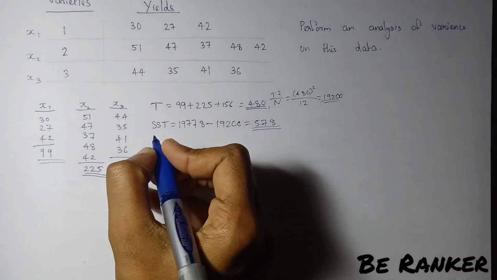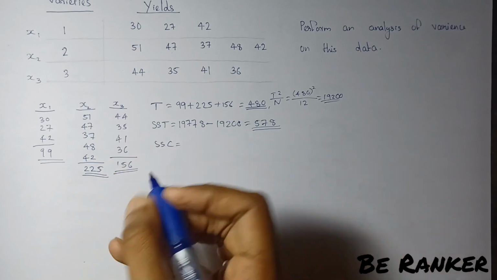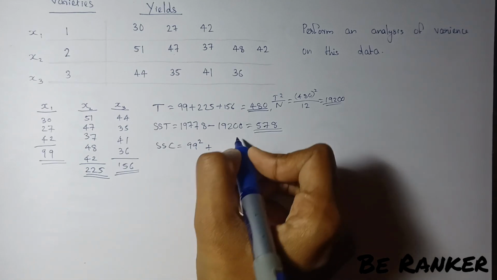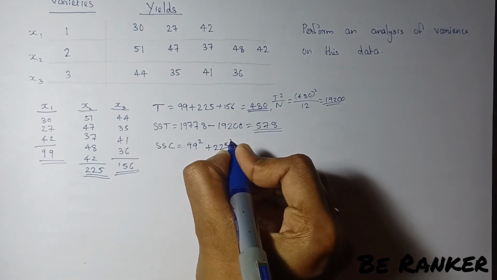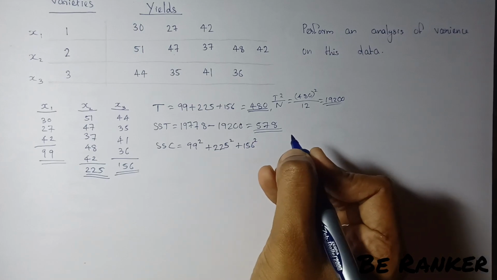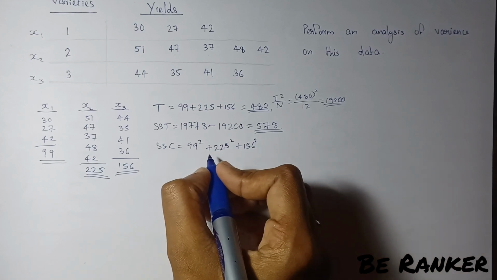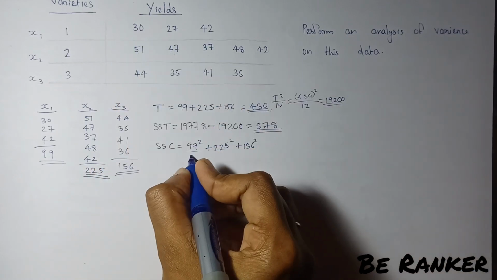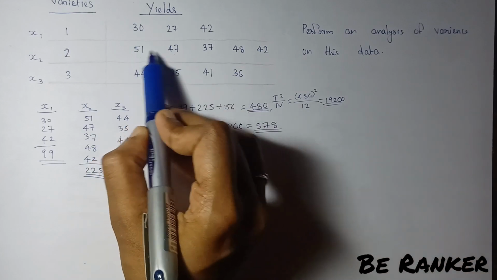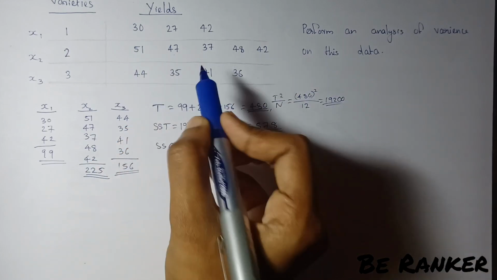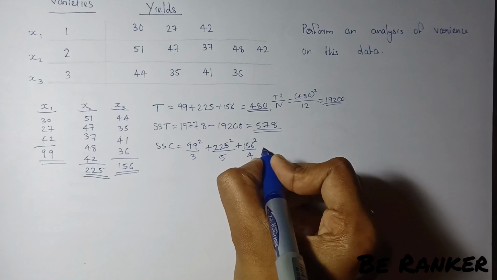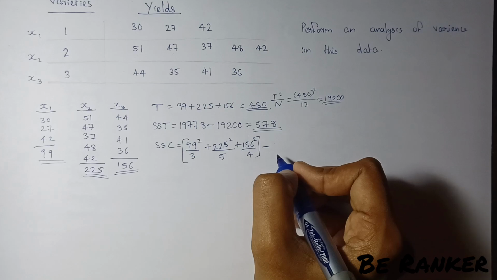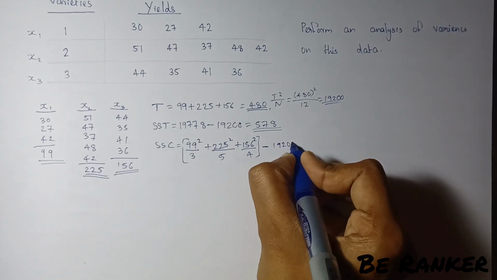That is 99 square by 3, plus 225 square by 5, plus 156 square by 4, where n1, n2, n3 are the numbers of observations in each row, minus T square by N, which is 19,200.